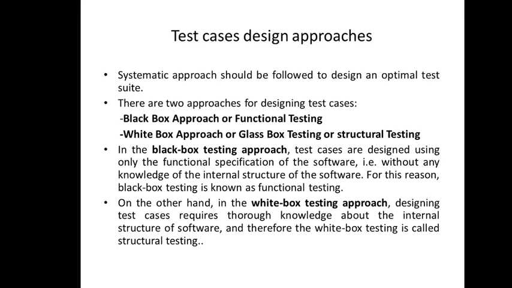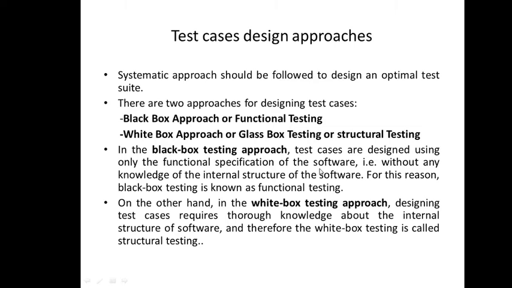Now coming to basically the important part, that is the test case design approach, right? So test case design approaches are two depending upon the type. The first one is the black box approach and the second one is the white box approach, right? So we'll be discussing these two in detail and we have a number of methods according to both of these approaches. So what do you mean by a black box testing approach? Test cases are designed using only the functional specification of the software.